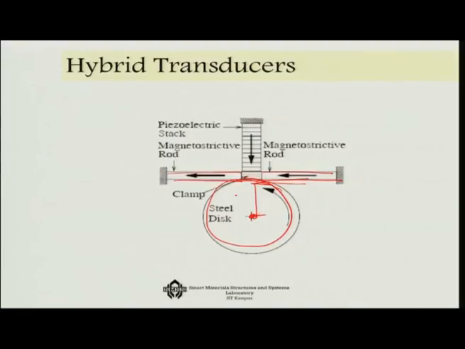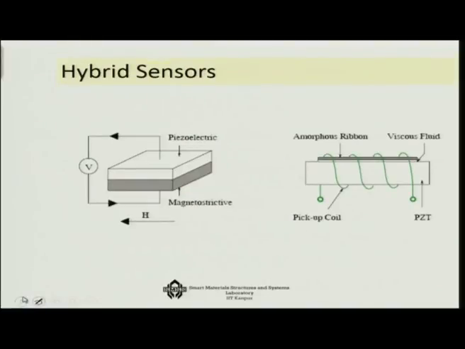If you want to control that rotation, you use the piezoelectric stack, which works like a clamp and from time to time can stop the disc or slow it down. Thus, with the help of these two, you can generate various uniform motions in the steel disc system.